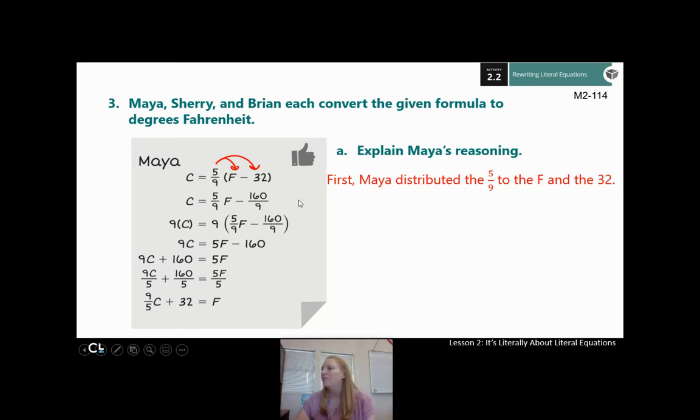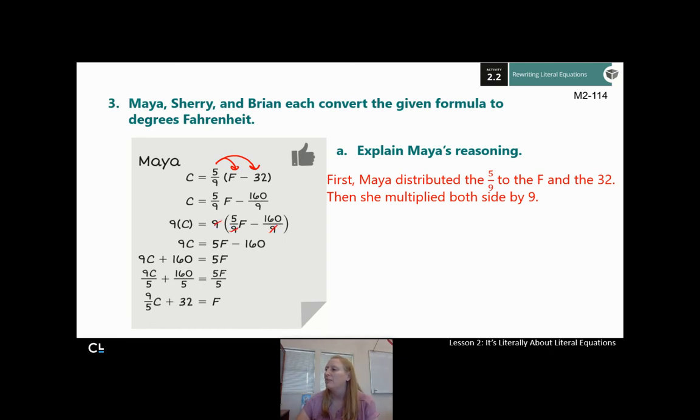So good for her. But now they both have 9s on the bottom, and Maya, I don't think, likes fractions very much, which is fair. Many people don't. So she multiplied both sides by 9, which was clever to make those go away. Good call. So now we have 9C, and now these 9s all cancel out, which is nice.